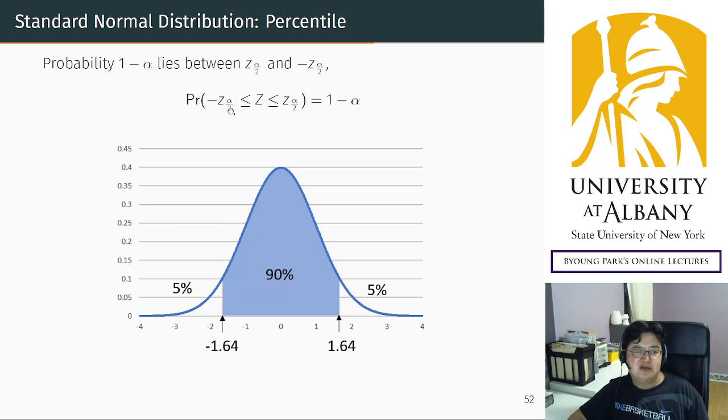Therefore, in the end, the probability in between these two points will be 1 minus alpha. This is the reason I'm talking about this: we are going to use it later.